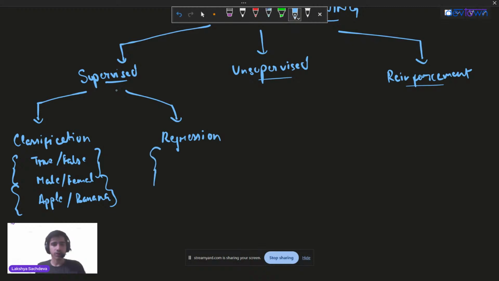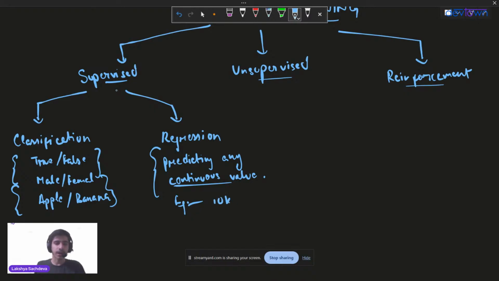Then, sir, what is regression? When we are predicting any continuous value. Sir, what do you mean by continuous value? For example, the salary of a person can be anything like 10k, 12k, 15k, 15.5k, 15.7k.